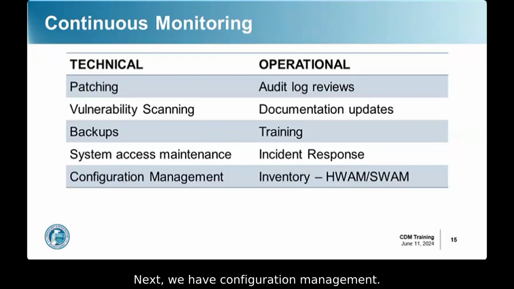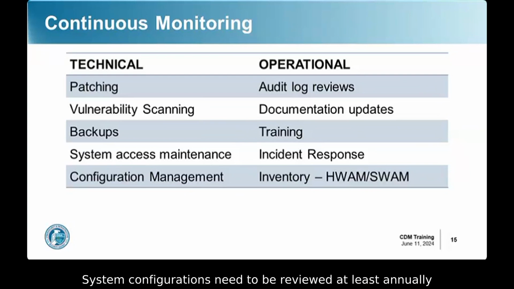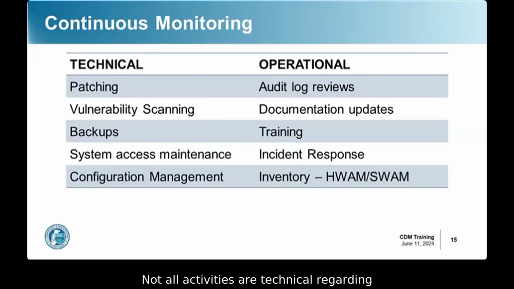Next we have configuration management, and it's another continuous monitoring activity. System configurations need to be reviewed at least annually or when there is a significant change to the system. Not all activities are technical regarding configuration management. For example, we may have accurate system documentation, and configuration logs should be maintained to reflect current and prior configuration baselines.